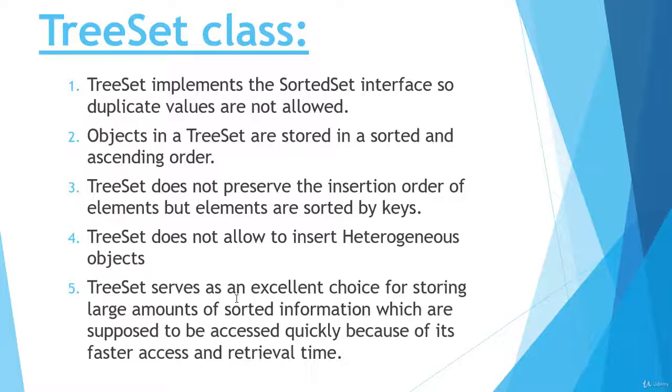Also in TreeSet, elements are ordered and they are present in ascending order. Now the TreeSet class does not preserve the insertion order of the elements, but elements are sorted by key. Key means the value of that element. So order is not preserved, but elements are sorted by using the key.